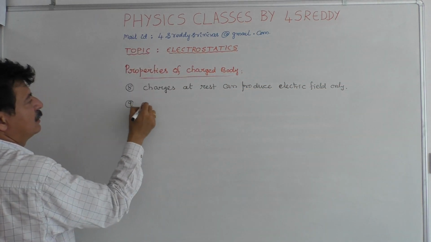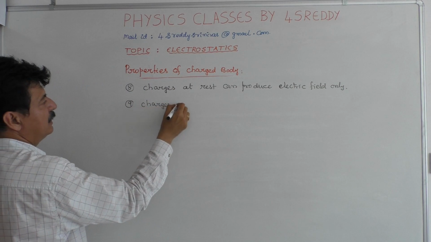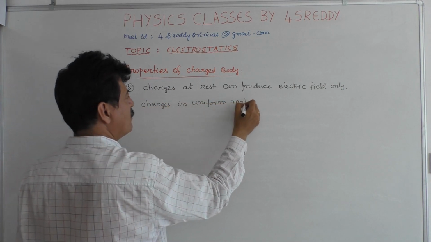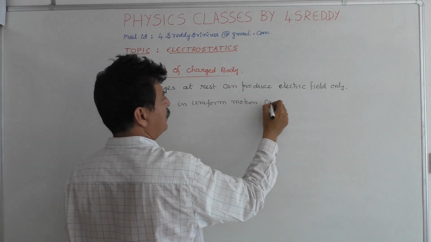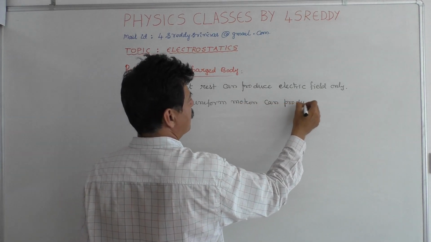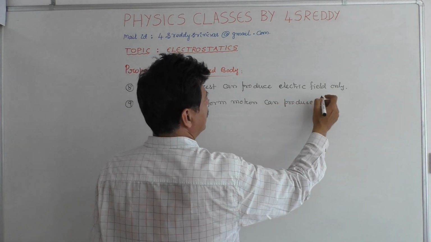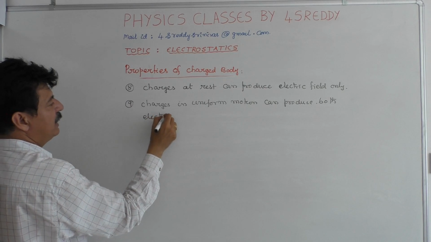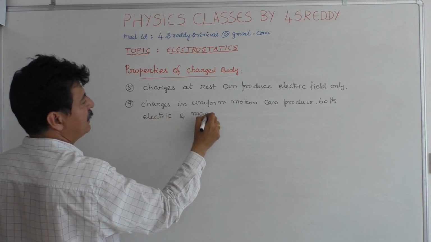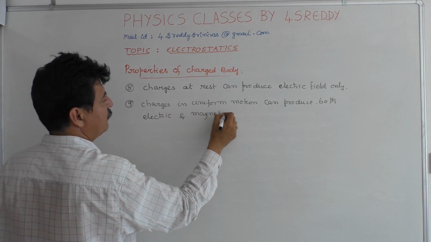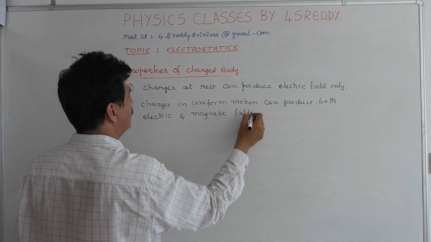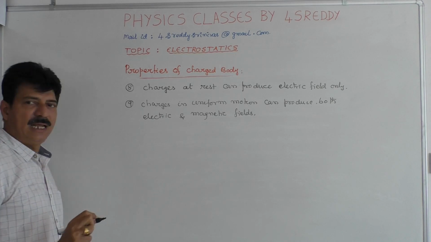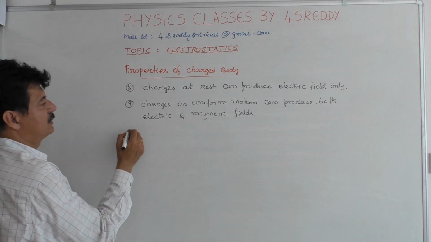Whereas charges in uniform motion can produce both electric and magnetic fields. Charges in uniform motion can produce both electric and magnetic fields.